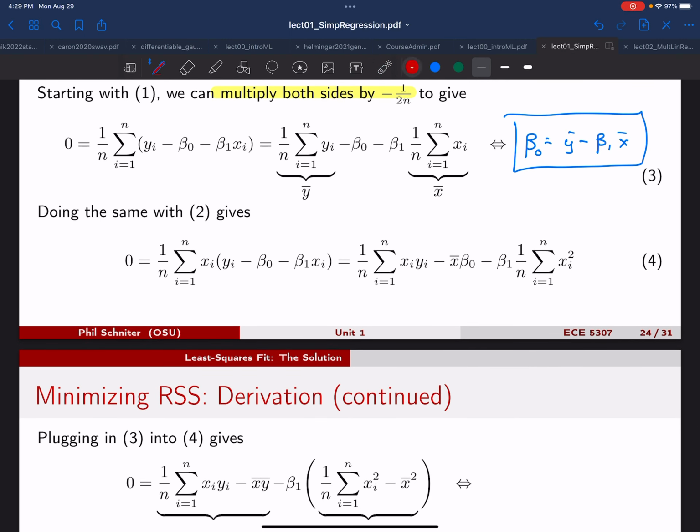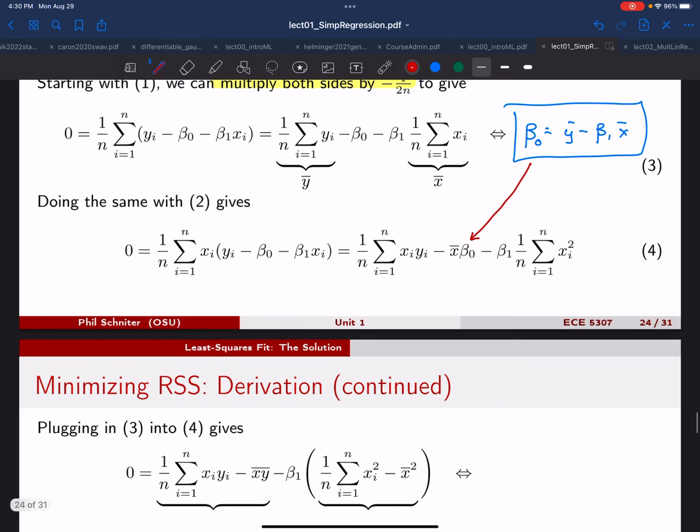What we need to do is plug this beta 0 in here, and that will get rid of the beta 0 and will give us some other quantities, as you can see on the bottom here. One of the other quantities you'll get is this x bar y bar, which is here. And we're also going to have a beta 1 x bar squared. So that is going to be over here.